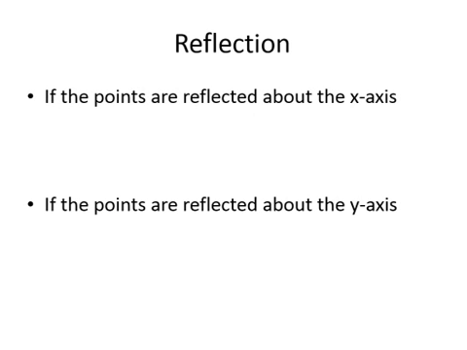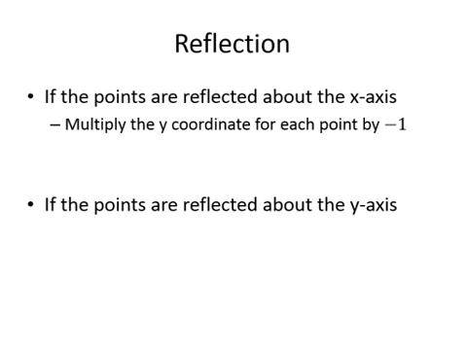Anytime you reflect around the x-axis, you're just multiplying the y-coordinate by -1. So if you have the point (x, y), its transformation would end up being (x, -y). It's the y value that changes.